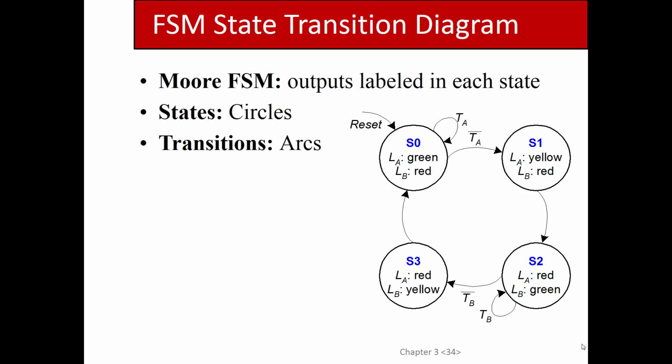But whenever TA is false, we're going to transition to this intermediate state where we turn the east-west light yellow, and then we will go unconditionally to state S2, where the east-west light is red and the north-south light will be green. And we will stay in that state as long as we have traffic on the north-south road. Everyone with me?